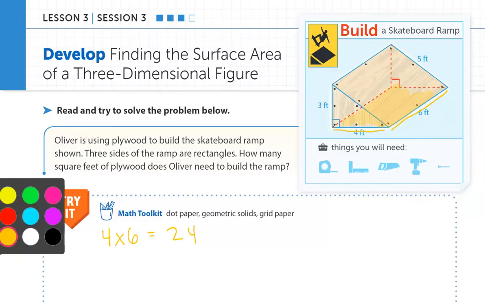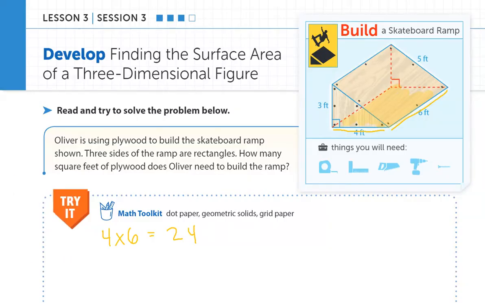We've also got this rectangle in the back, and that one is 3 by 6. And I know this one's 6 because this one's 6 over here, and they are congruent. So 3 by 6 is 18.